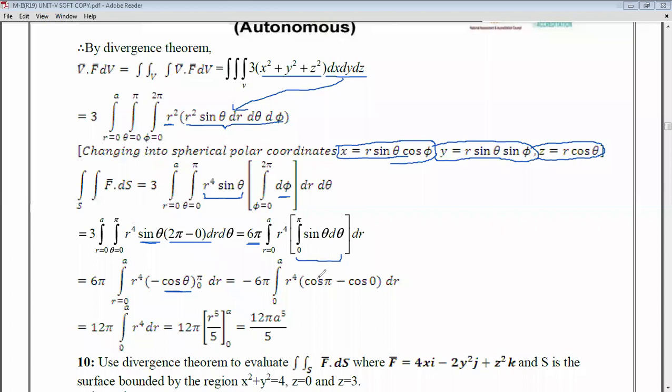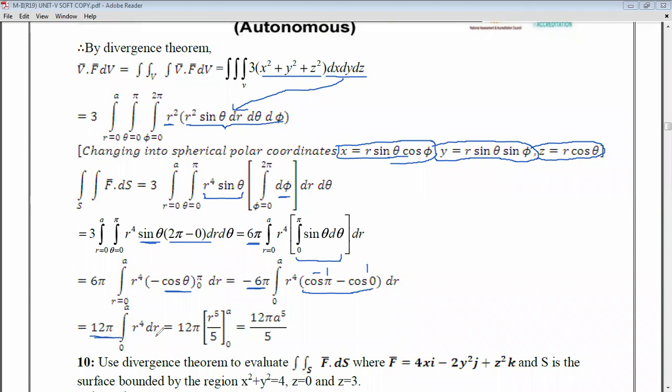So r power 4, and you can substitute the limits: minus cos pi plus cos 0, but they took the minus outside. No need; if you want, you can take it directly, nothing is wrong. Cos pi is minus 1, and cos 0 is 1. So minus 1 minus 1 is minus 2, and if you multiply with this, 12 pi. That's why here we wrote 12 pi.